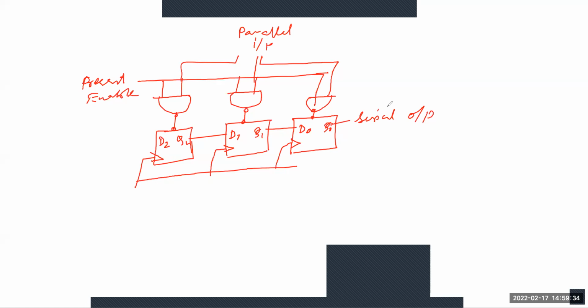So here this is the block diagram of a 3-bit PISO shift register. In this circuit, there are 3 D flip flops in cascade, and the output of one D flip flop is connected as the input of the next D flip flop. All these flip flops are synchronized with each other, and this is the clock that is applied.